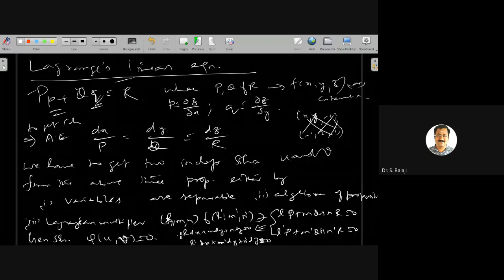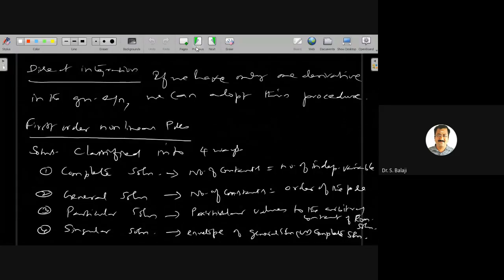Depending upon l, m, n and l', m', n', you can integrate and get the solution. So this is the idea of Lagrange's linear equation.